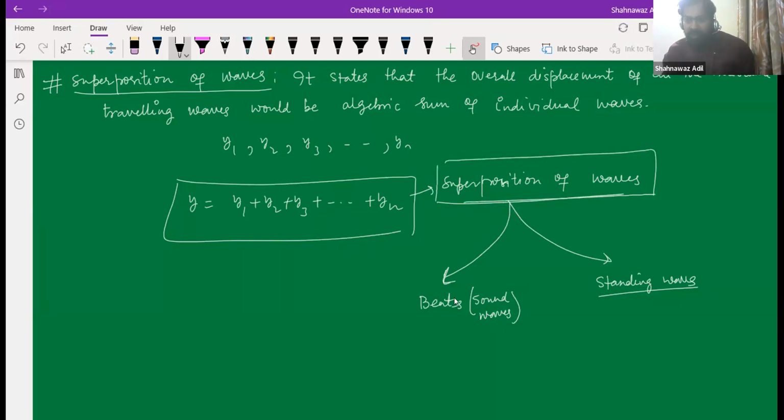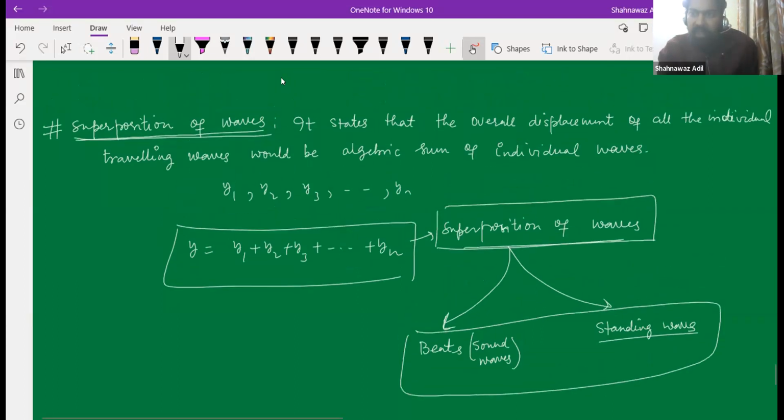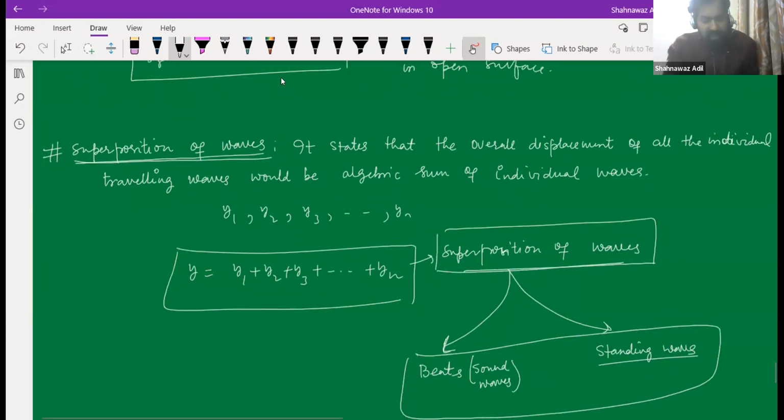In tomorrow's class, we'll talk about these two independently. But to do that, we have to just remember this superposition, right? So quickly note it down, and we will stop here. In the next class, we'll talk about the last topic, which is beats and standing waves. Quickly note it down.